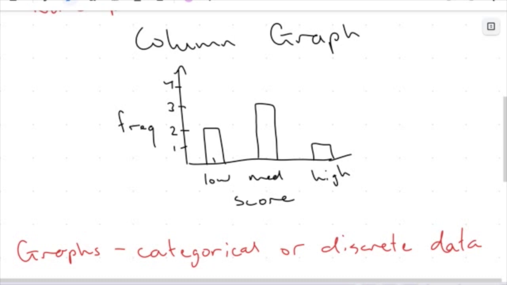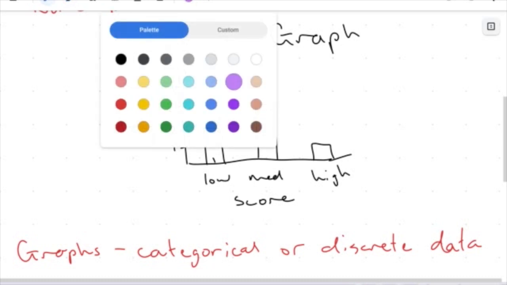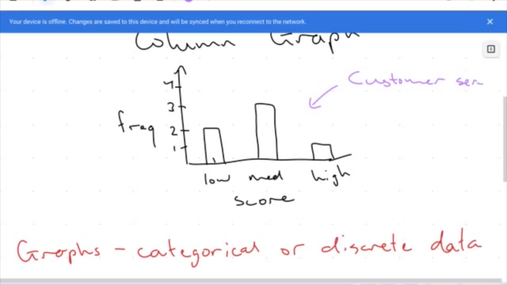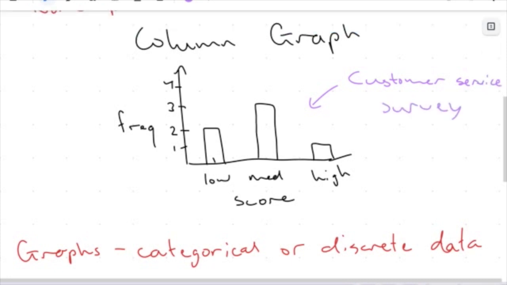So say this could show a customer service survey, in which, when you leave the place, you rate, for example, what was the level of our customer service? So low, medium, or high.